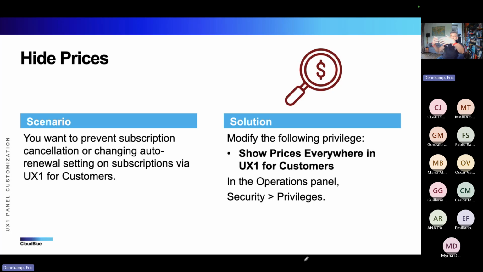In that case, for their end customers, you create a reseller for the university itself, and from the perspective of the end customer, they see a marketplace and they can order in that marketplace, but they don't see the prices. Could be a solution. It's a security privilege in operations.